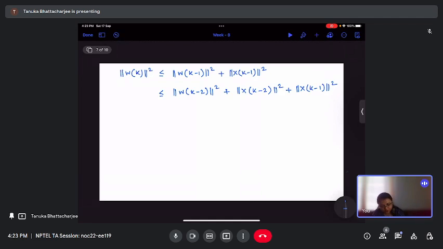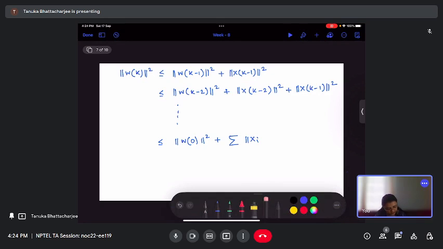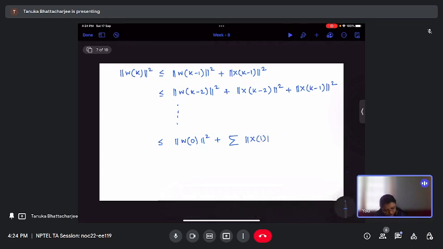This way you can keep on putting this inequality for W, and finally you will reach W0, which is your initial W, plus all these x terms. I am writing that as summation of norm of xi square, where I is from 0 to k minus 1.